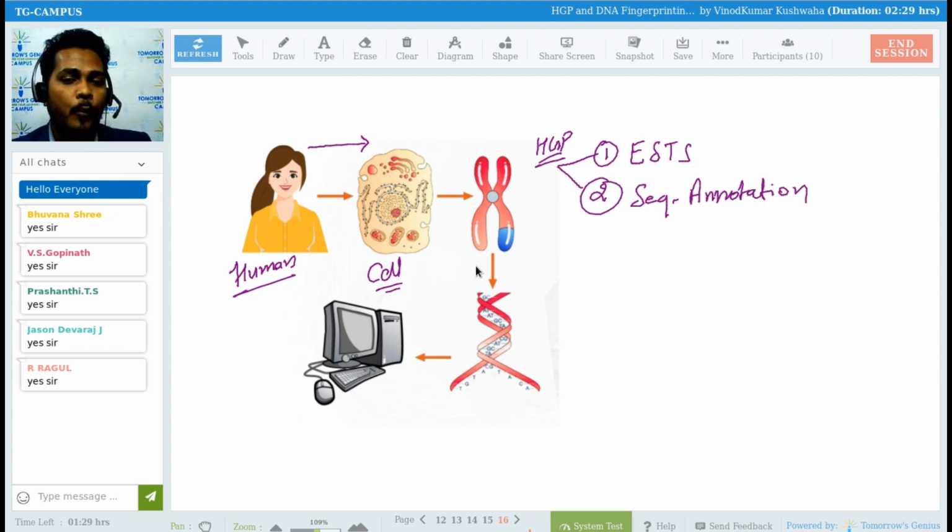It is broken randomly into fragments, meaning this cell is going to be crushed into fragments. Once it is crushed, you can easily get the chromosomes, right?